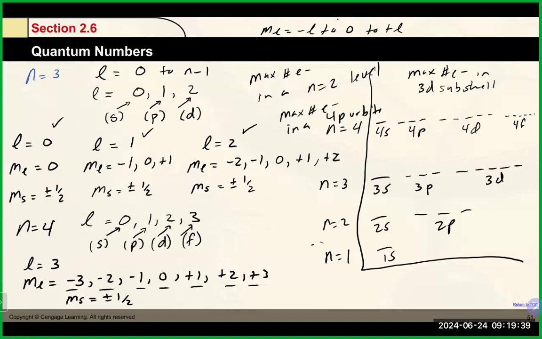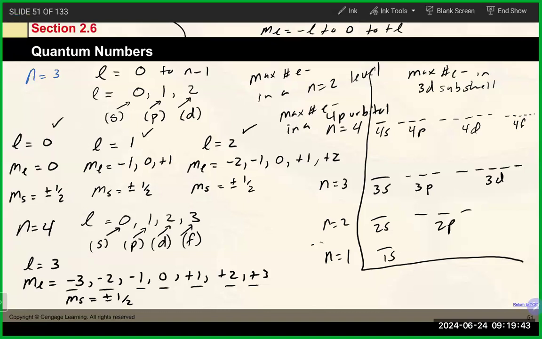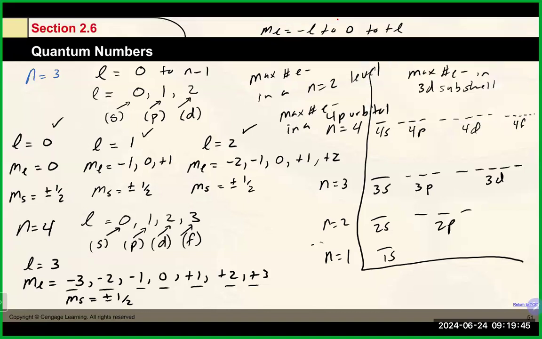So take a moment and figure out the maximum number of electrons for each of those questions.